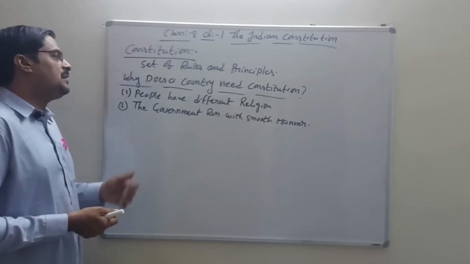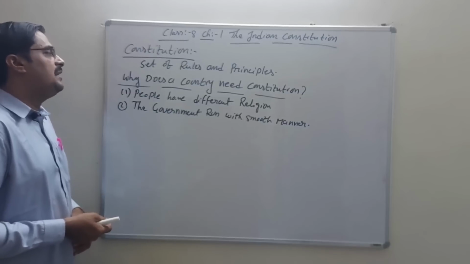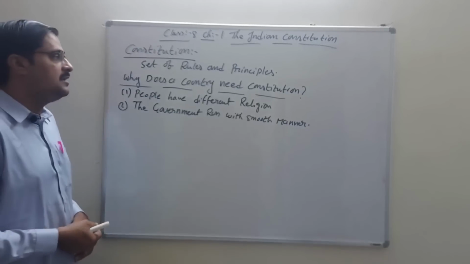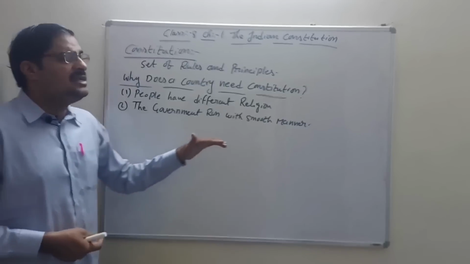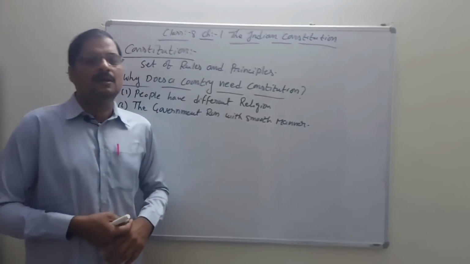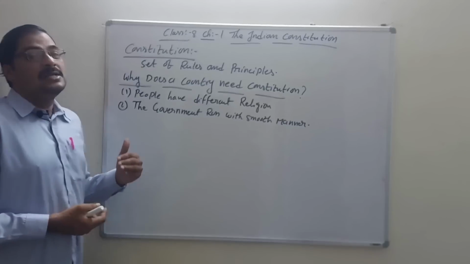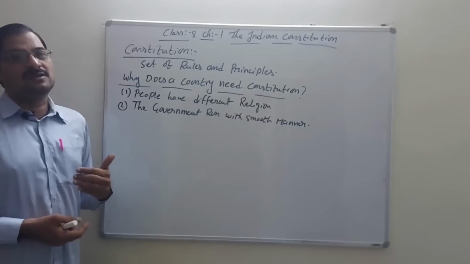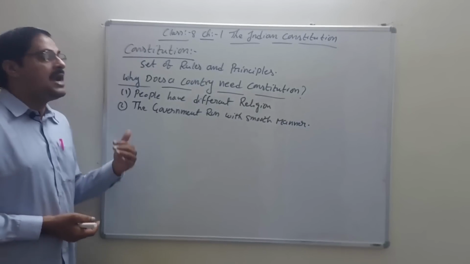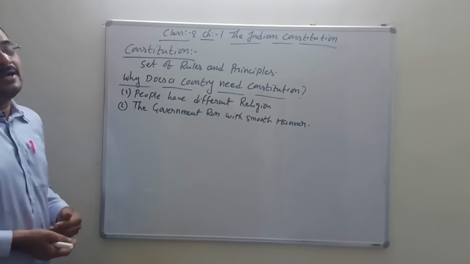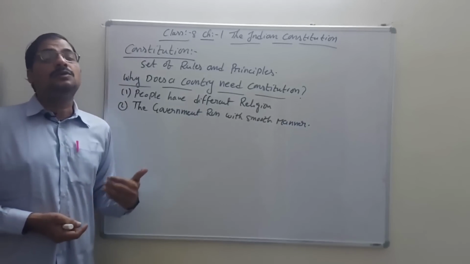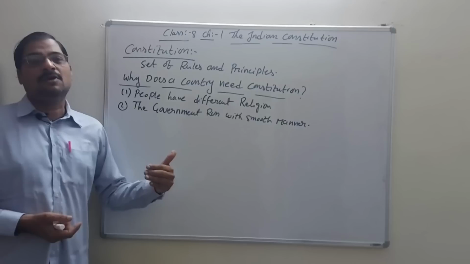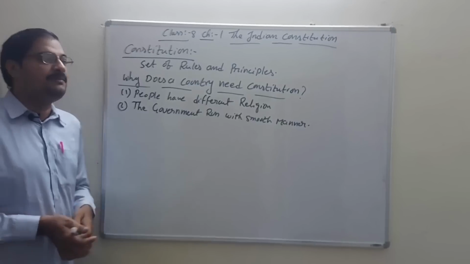Now we are going to the third point: the country runs in a smooth manner only through the Indian Constitution. Certain rules and regulations and principles are there, on how to run the system of the government and how to develop.